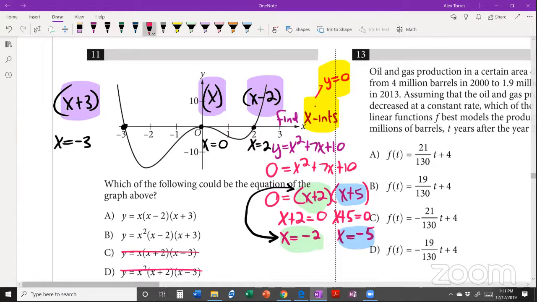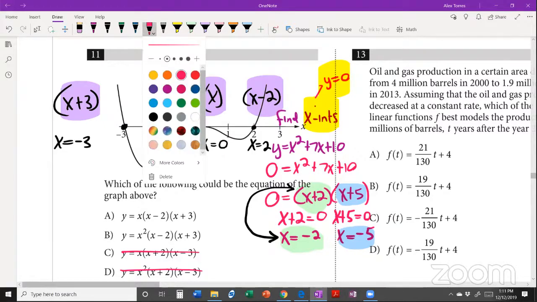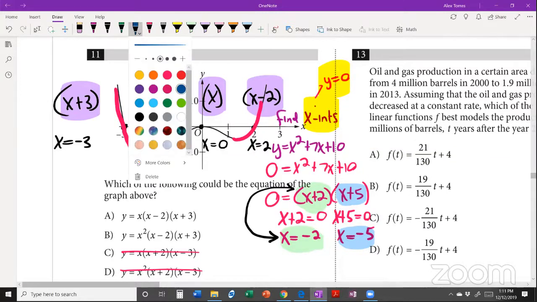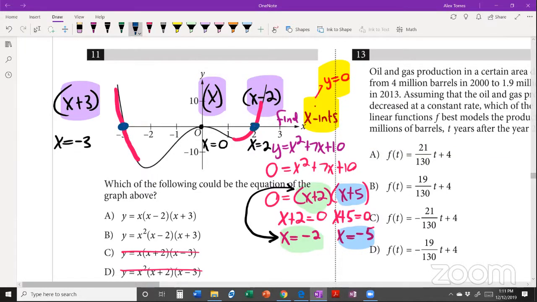So now, last thing about this question, when you have curves that cross and bounce off the x-axis, where they cross the x-axis like they do here and here, that'll tell us that these are single roots. So single roots, roots that show up to the first power as factors, they cross through the x-axis.